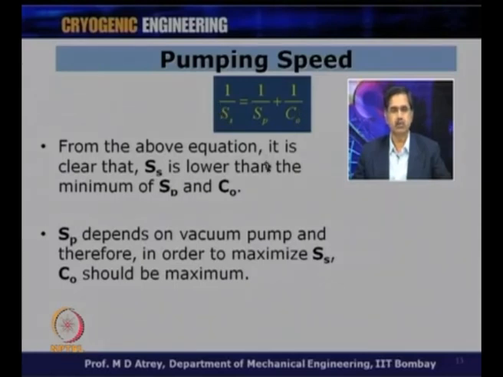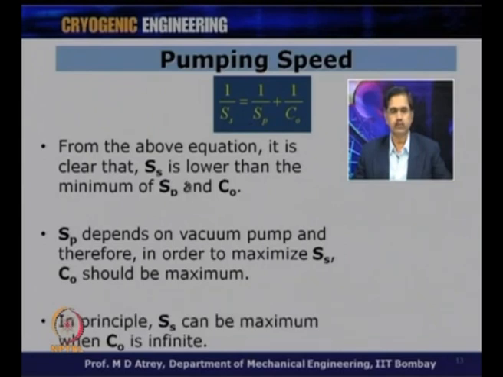If I increase C0, I can have SS coming closer to the minimum of SP and C0. In principle, the maximum value of SS could be SP, provided C0 is infinite. If C0 is infinite, 1 by infinity becomes equal to 0, and we can say that 1 upon SS is equal to 1 upon SP.